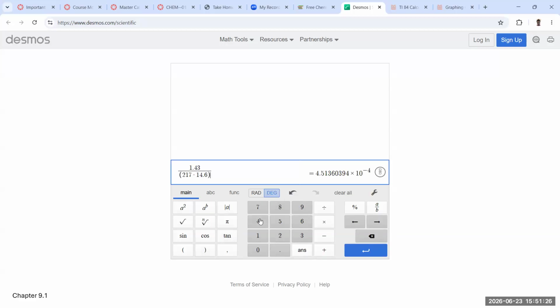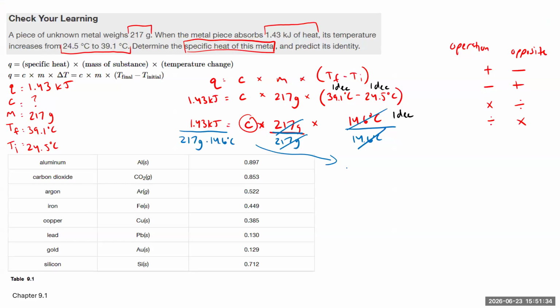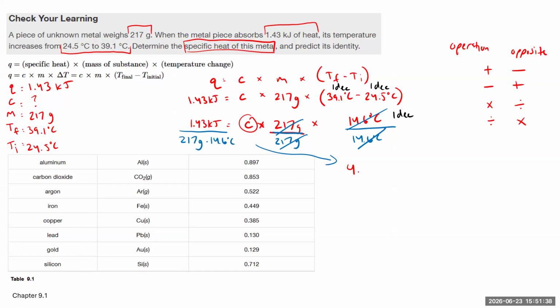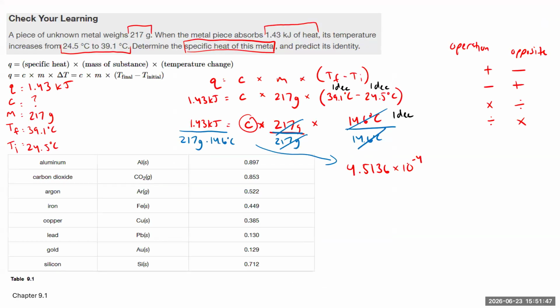That's what it looks like. So we enter, it's 4.5136 times 10 to the negative fourth.